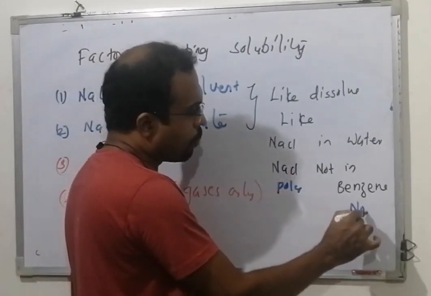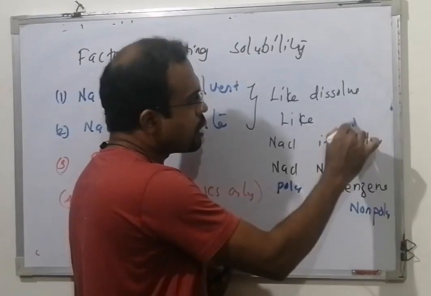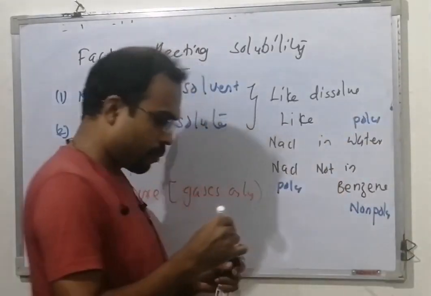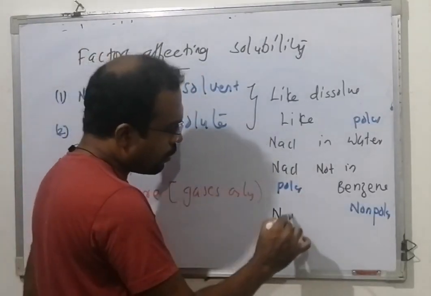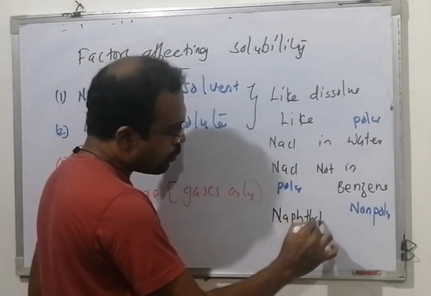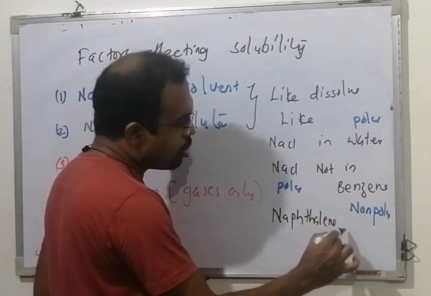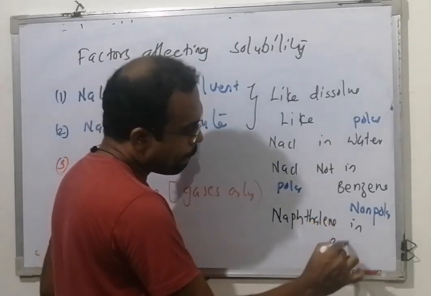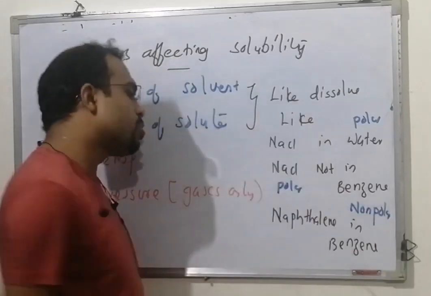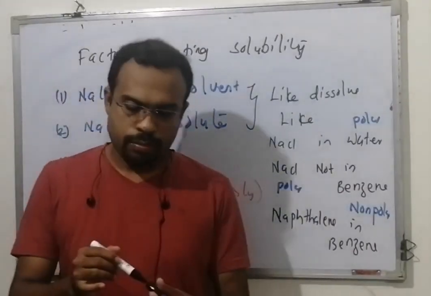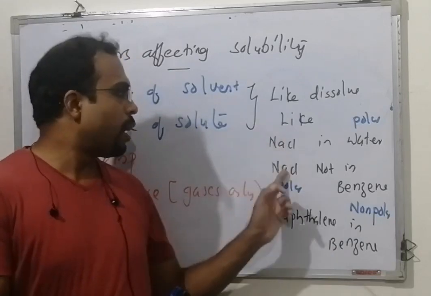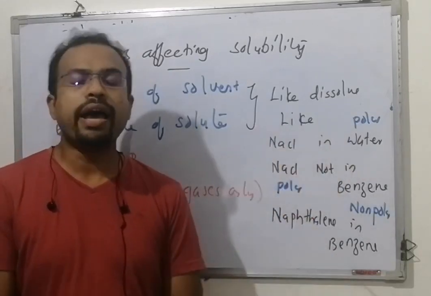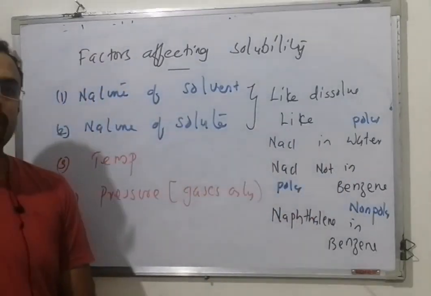This is non-polar. This is also polar. You take naphthalene, that can be dissolved in benzene because non-polar, non-polar. That is like dissolving like.